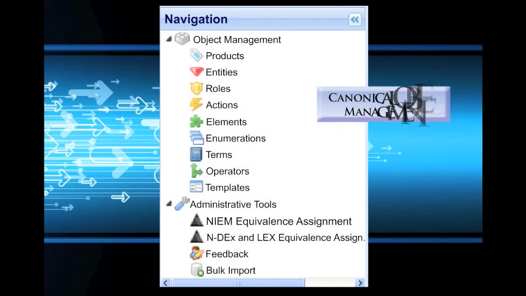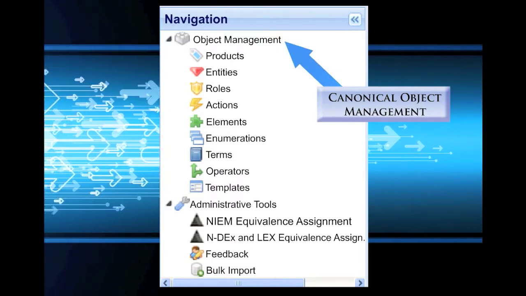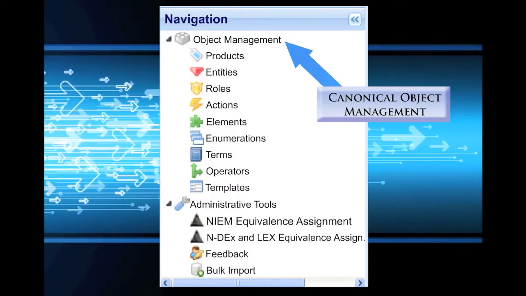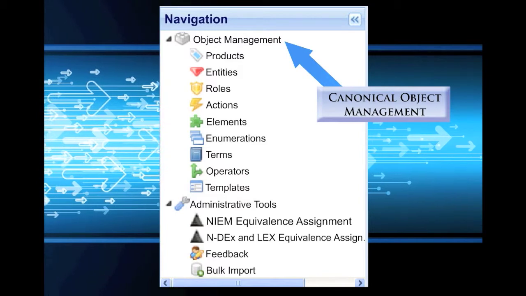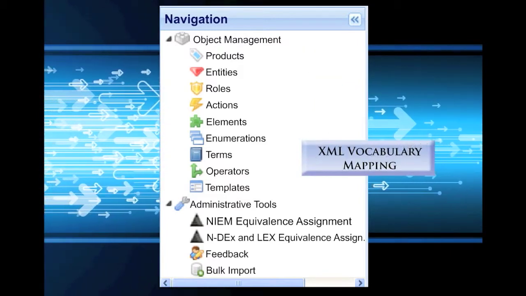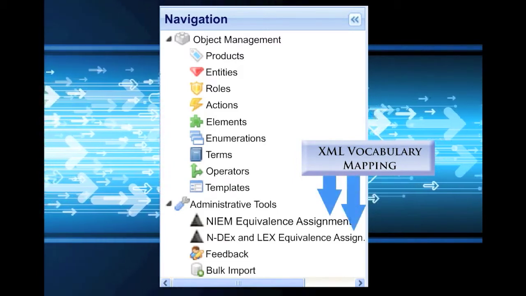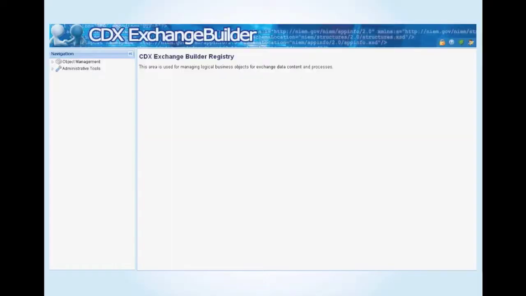Canonical object management for creating and updating shared business objects that represent a specific business domain and can be used by all ExchangeBuilder owners. XML vocabulary mapping, where logical business objects have been associated to a physical XML specification for the generation of conforming schema packages. Let's take a close look at these concepts from inside the ExchangeBuilder tool.